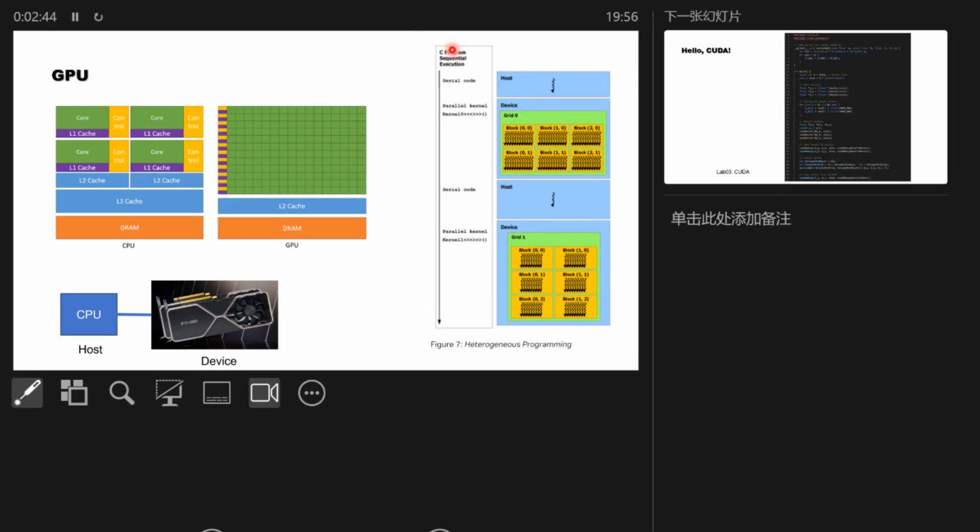When a CUDA program is running, first the host code runs on the CPU, then it runs on the device, that is the GPU. If we want to run GPU code, you need to launch a parallel kernel, and I will introduce this kernel later. After the kernel is executed, it goes back to the CPU to do other things and then runs other kernels like this.